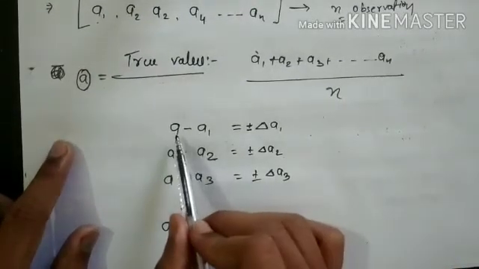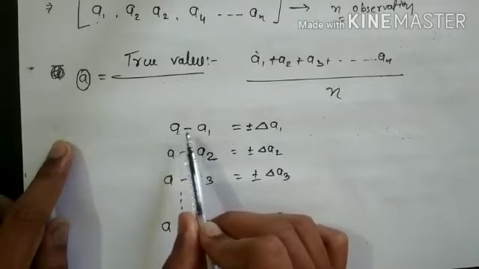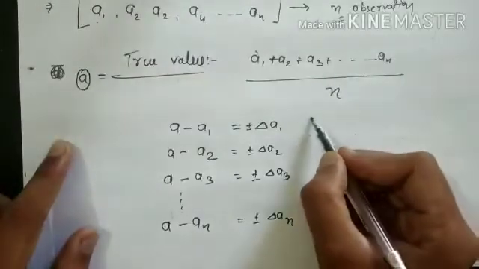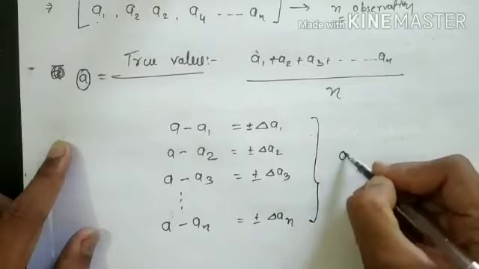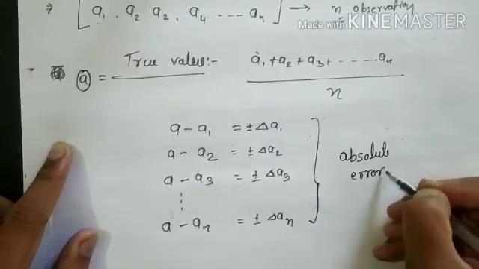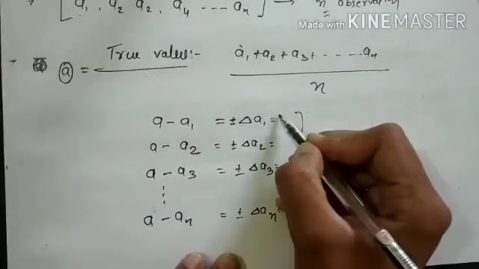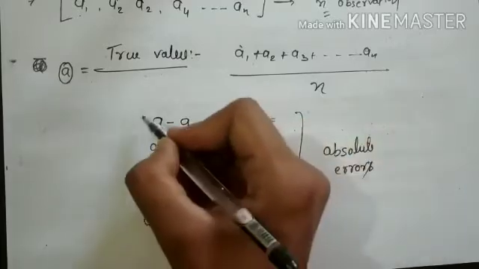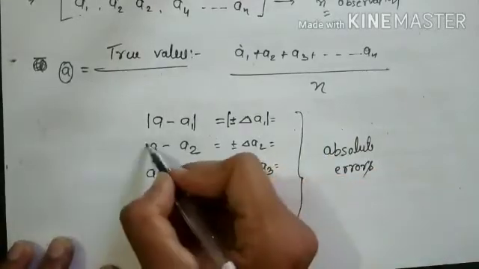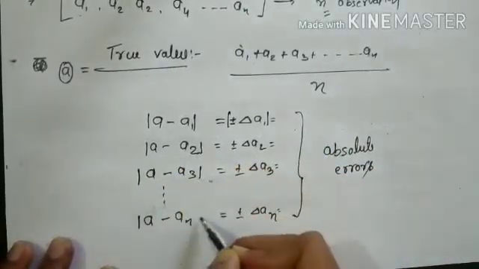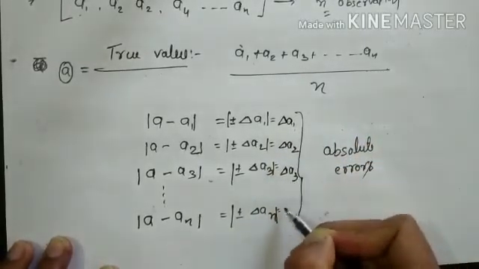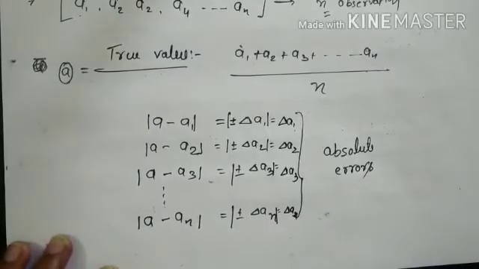The difference between the true value and the measured or observed value is called absolute error. So all these differences that we have calculated are called absolute errors. We can take the magnitude of the absolute errors: delta A1, delta A2, delta A3, similarly delta An.